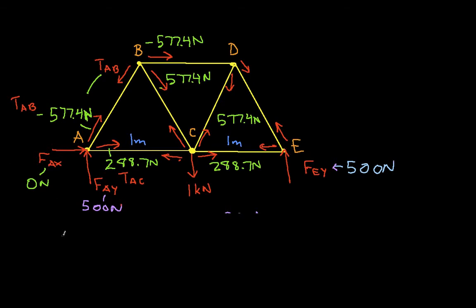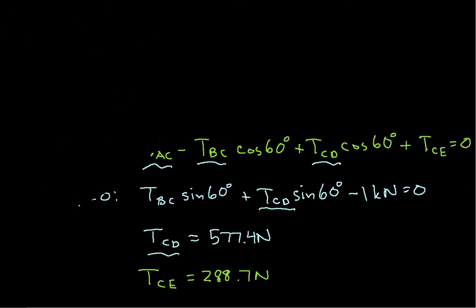Well, actually, let's look at joint D. So I go back to a scratch window, give myself some space. Okay, so the free body diagram of pin D, I have TBD going off, I know that. I have TCD, I know that.